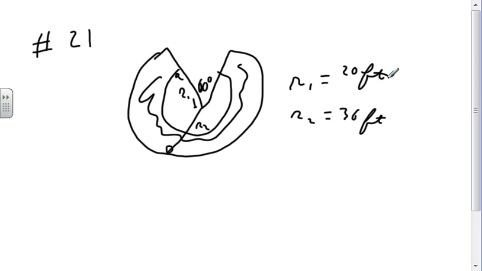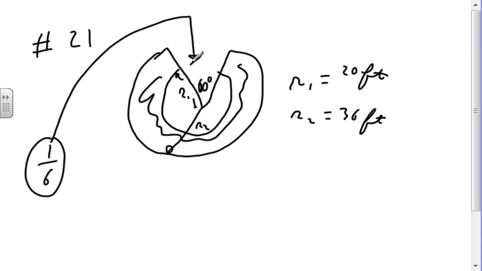Now, how many degrees are there in a circle? 360. So 60 degrees of 360 degrees would be 1/6, right? So 1/6 of the circle is thrown away because of that cutoff. Okay, so I'm going to find the area of the shaded guy.